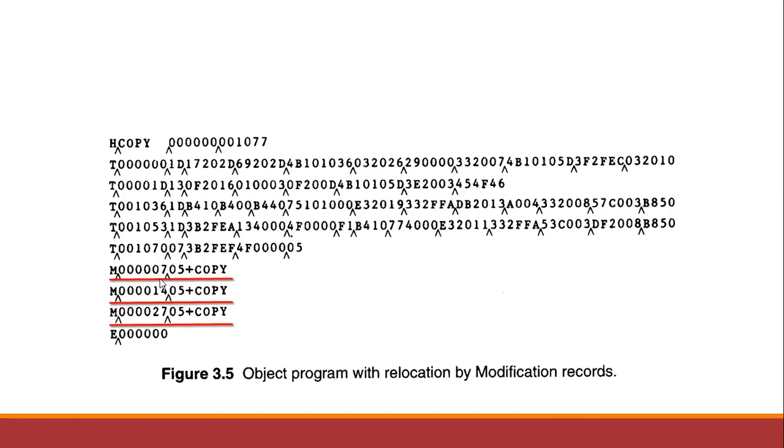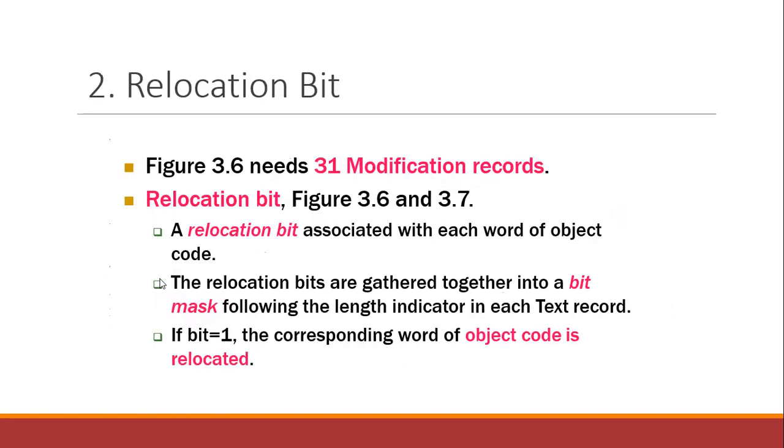The second one: this is not suitable for SIC. The reason is that in SIC all the instructions are absolute instructions, so you have to write a modification record for all the instructions, and that increases the object program length. Instead of that, we can use another method like a relocation bit. Relocation bit means each object code has 1 bit, which gives the information: if it is 1, modification is required; if it is 0, no modification is required.